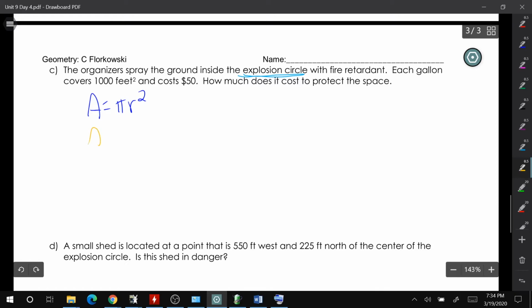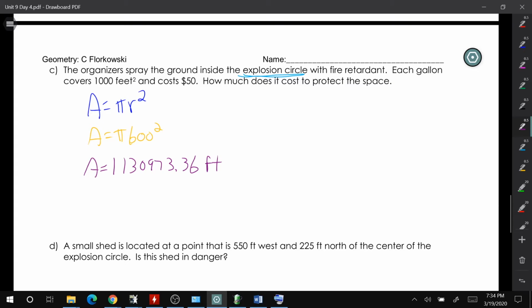We know the radius of the explosion circle was 600. So if we type that into the calculator, we get a honking big number. The area is 1,130,973.36 square feet.